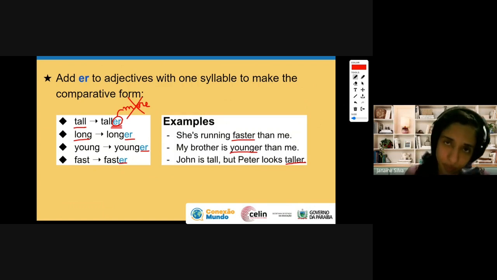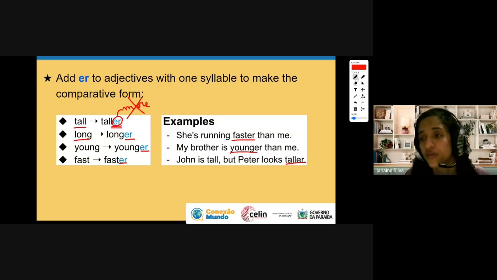Another important point, students, is the use of the word than, okay? Well, this word is used to introduce a second element in a comparison. So I have she's running faster than me. So to introduce this second element, I use the word than.